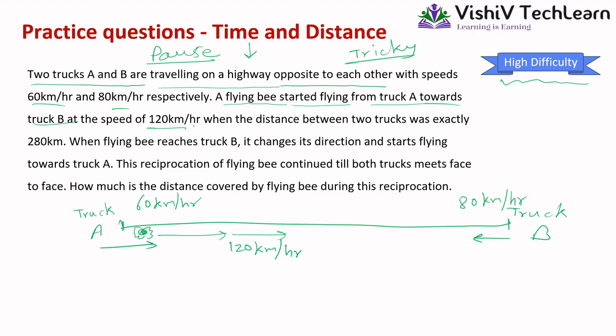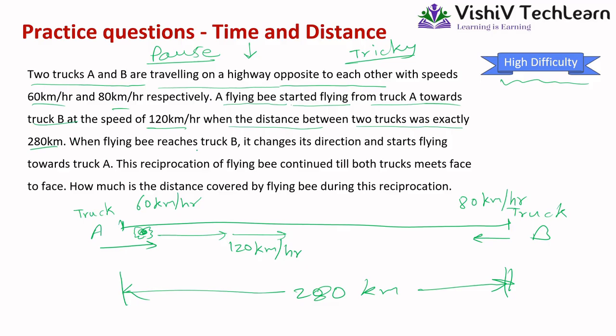And the flying bee started flying when the distance between the two trucks was exactly 280 kilometers. So this distance is 280 kilometers, and the flying bee has started.